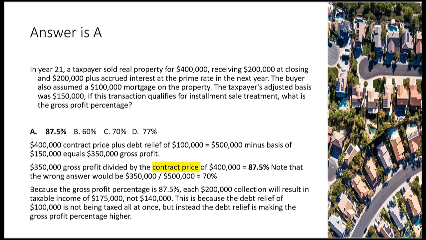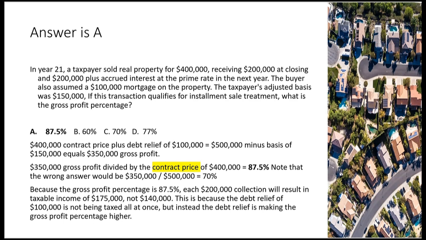Of course, that choice will be there, but don't pick letter C, because to get the gross profit percentage, you start with the gross profit and you divide by the contract price, which does not include the debt relief. Why? Well, by leaving out the debt relief, that makes the denominator smaller, 400,000 instead of 500,000. And that leads to a higher gross profit percentage, 87.5% instead of 70%.